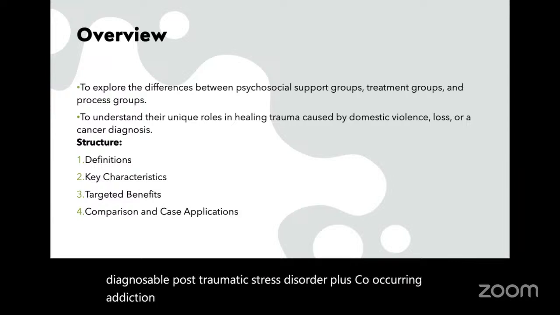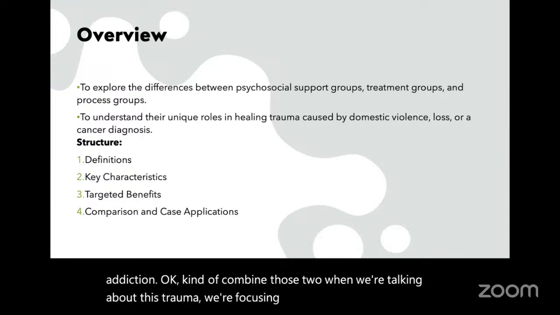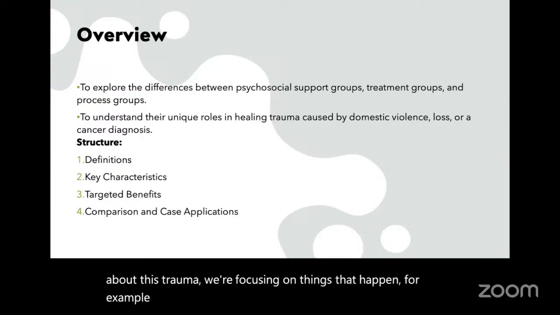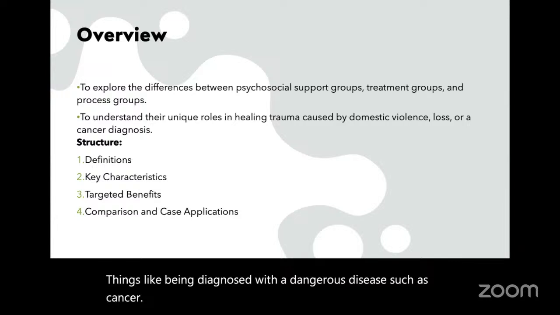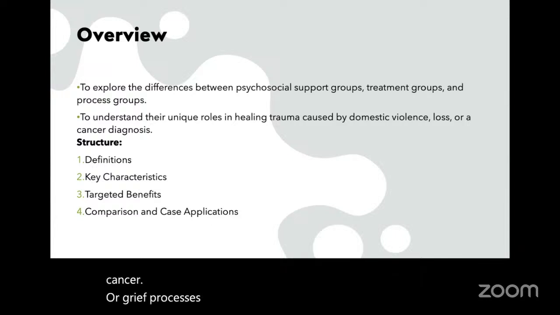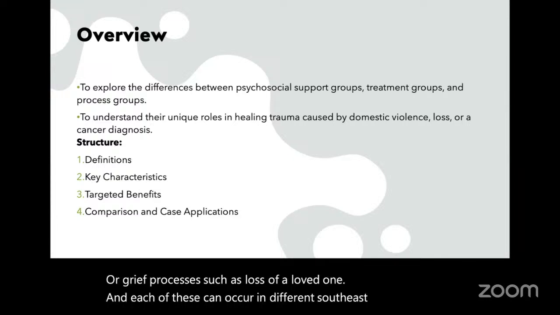Kind of combine those two. When we're talking about this trauma, we're focusing on things that happen, for example, in the home, such as domestic violence, things like being diagnosed with a dangerous disease such as cancer, or grief processes such as loss of a loved one. And each of these can occur in different settings, as we'll see as well.